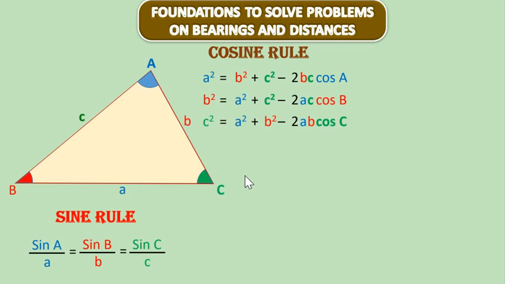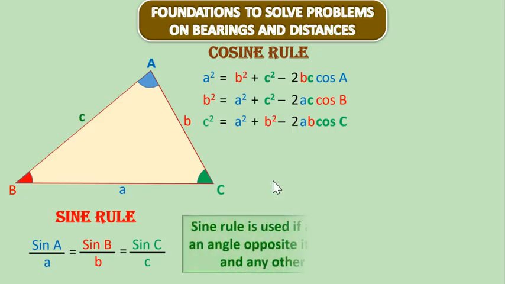Also, if I'm given A, and then I can also use sine rule. And then if I'm given C and side opposite it and any other side or angle, I can use sine rule. So that's the condition to use sine rule.